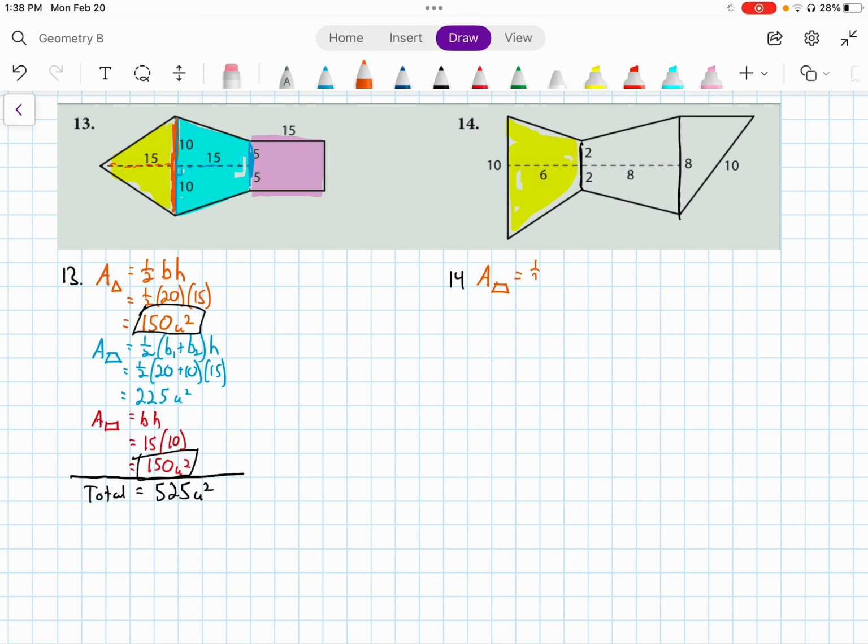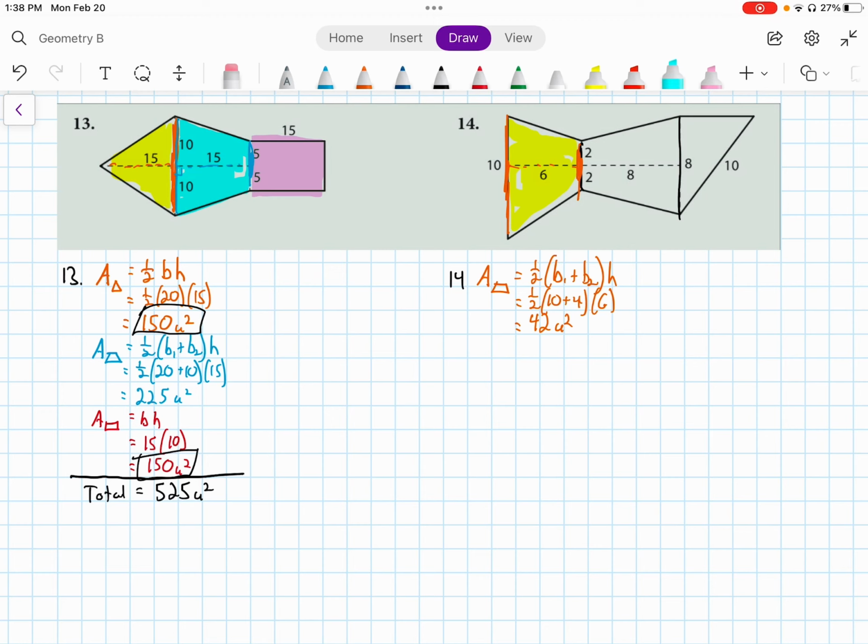So 1/2 base 1 plus base 2 times the height. The bases are 10 and 4, and then the height is 6. 10 plus 4 is 14. Half of 14 is 7, and 7 times 6 is 42 units squared.